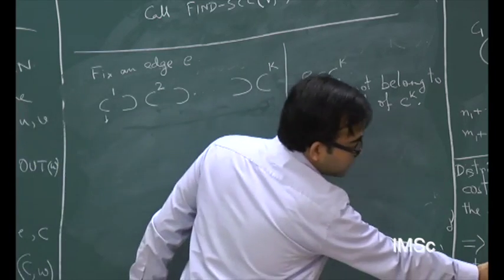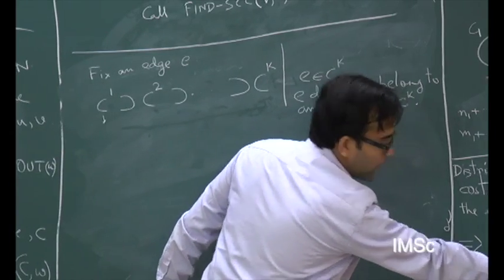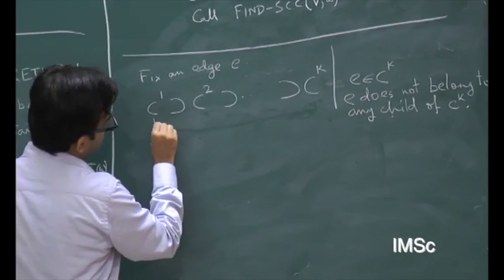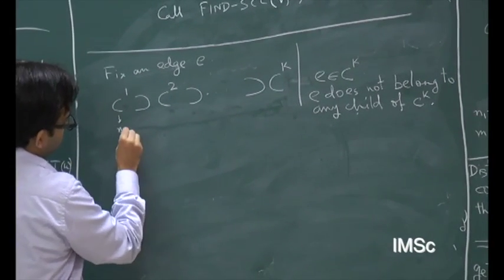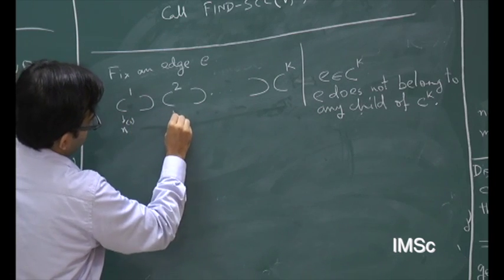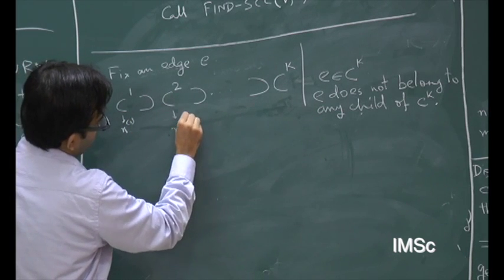Note that in this number of tokens there is no m. So, it only depends on n. So, let us say this is n1, this size is say n2.